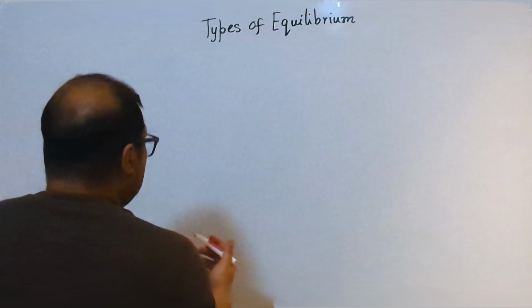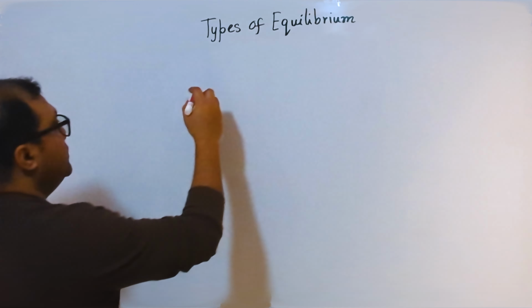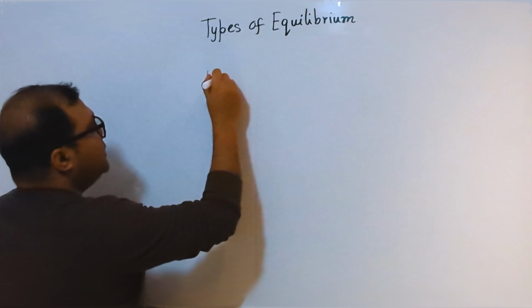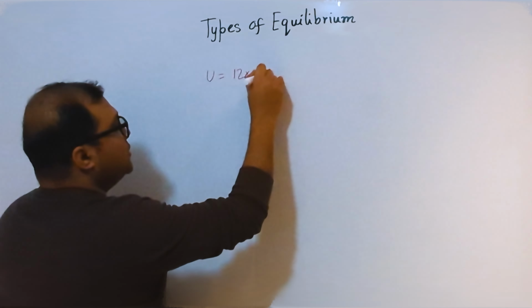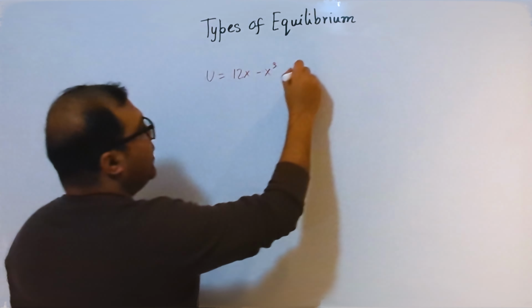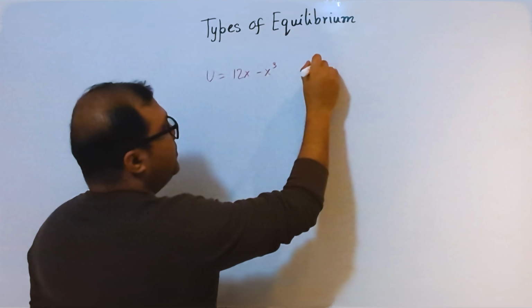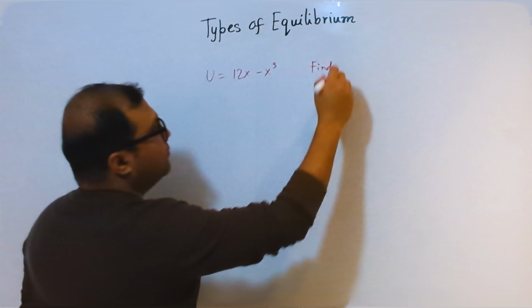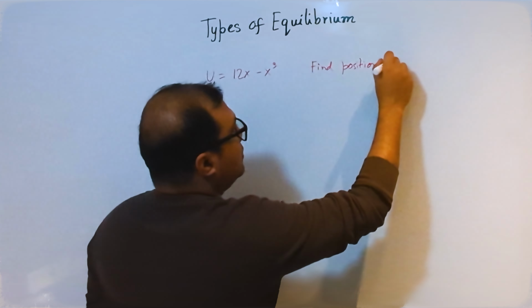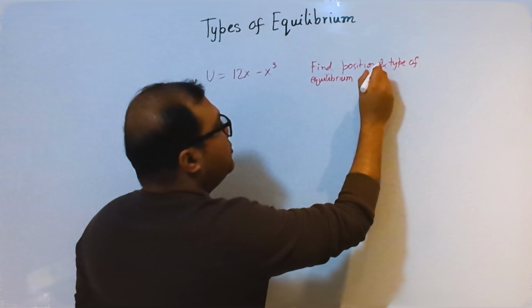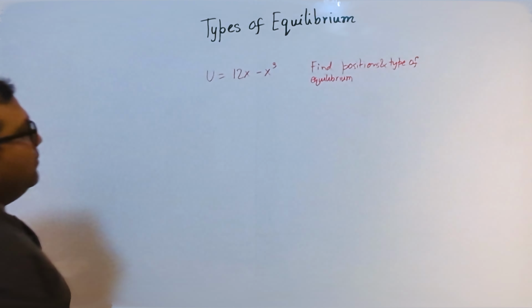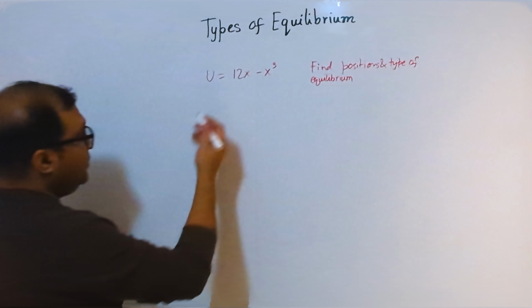Okay, next question, let's look at this. U is given as 12x minus x cube. Same thing, find position of equilibrium and type of equilibrium. Okay.